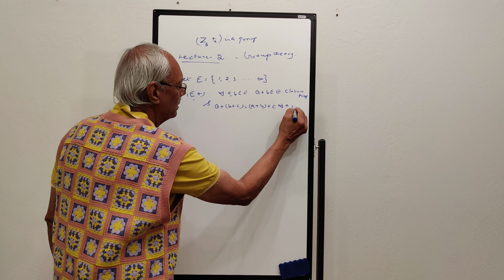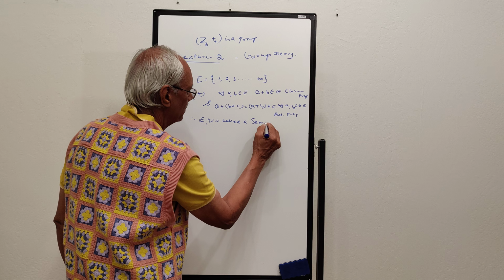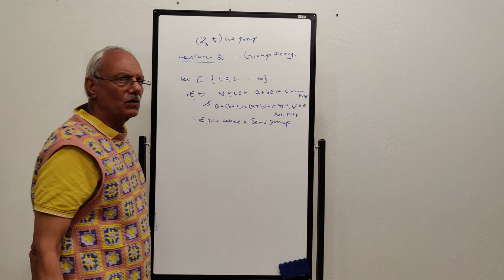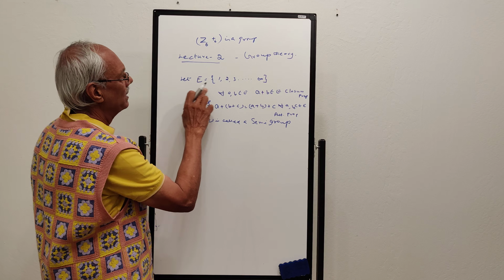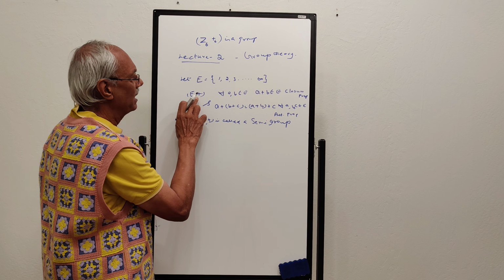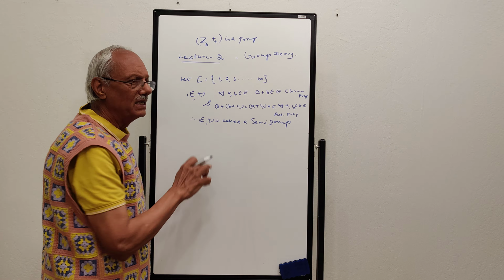When these two properties are satisfied, E with plus is called a semigroup.